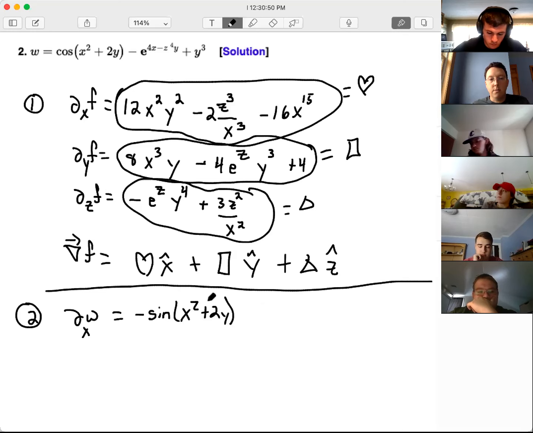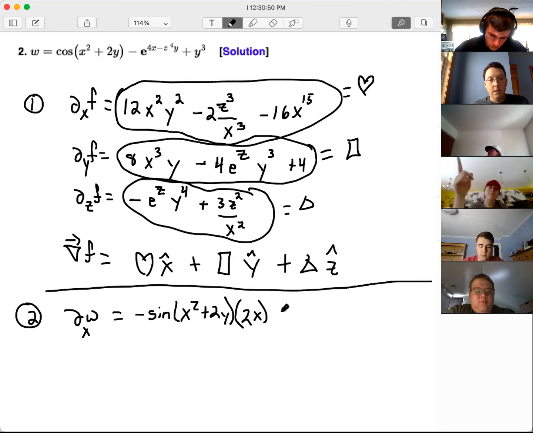And then I have to multiply it by the partial derivative of the inside, which in this case would be just the partial with respect to x. So that's going to be 2x. And then I have to do the same thing here. So there's an x up here. So it's going to be minus the partial of the whole thing of this term.